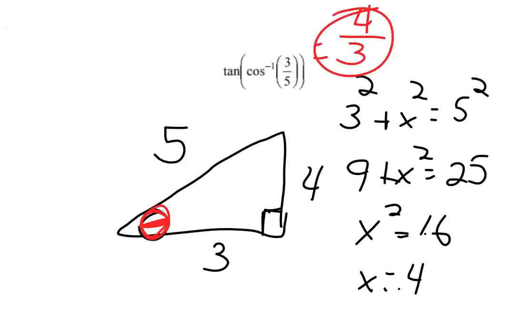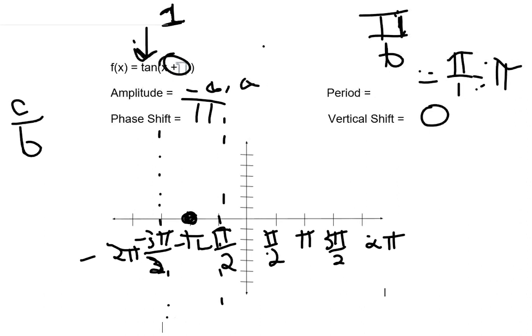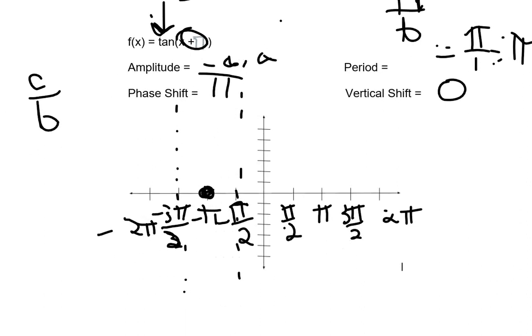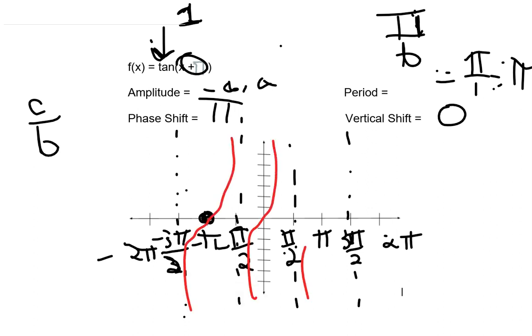Which means my entire function here should have a period of pi, which it does now. So from here I will just make an asymptote every pi or every 180 degrees, and I can draw my function. Since it's not reflected, it'll just be a typical tangent function crossing over the x-axis in the middle.